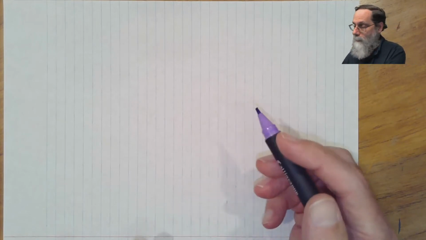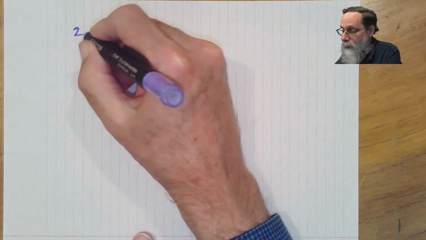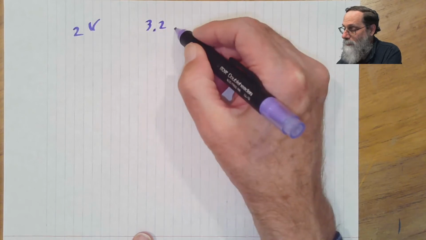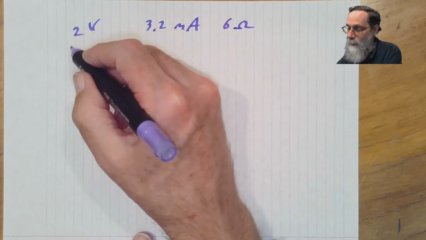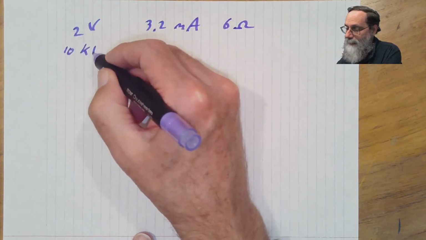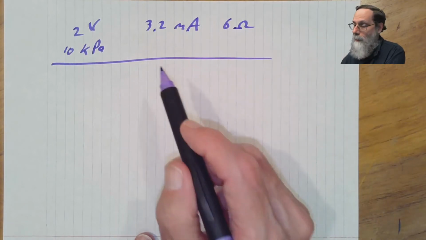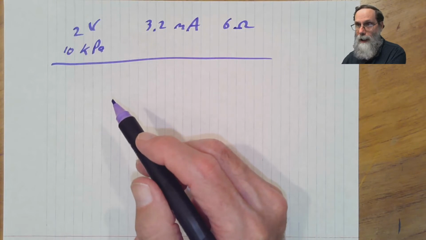What we want to do is anytime that we have any sort of number that corresponds to a measurement or anything that has units, like we might have 2 volts or 3.2 milliamps or 6 ohms or 10 kilopascals, anything like that, we want to make sure that we keep the unit with the number at all times.